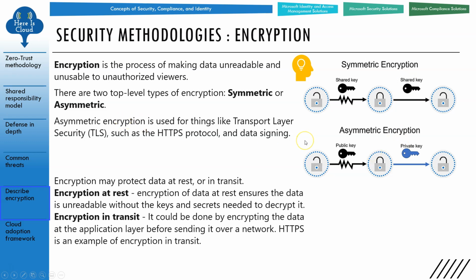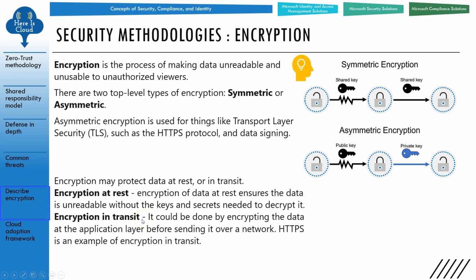In symmetric there is a shared key for both encryption and decryption, but in asymmetric there is a public key for encryption and a private key for decryption. So we need to know the difference. And encryption can be done on data at rest, or on data in transit.